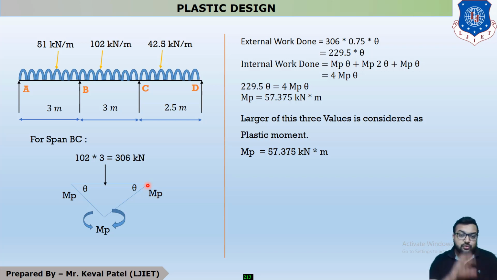Okay, so all the points take moment. So your total internal work done is 4 MP theta. Now both terms, external work done and internal work done, are in the form of theta. So your final answer of MP is 57.375 kilonewton meter.